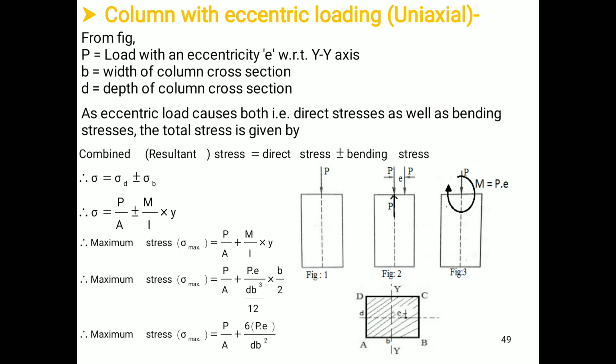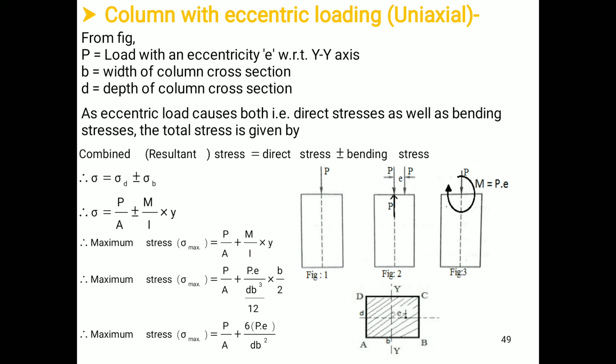Therefore, after putting the value of area, moment, moment of inertia and y value, we will have P upon A plus Pe. The value of moment will become Pe divided by db cube by 12, because it is I yy. Our load is eccentric about the yy axis, therefore it will become db cube by 12 into b by 2.